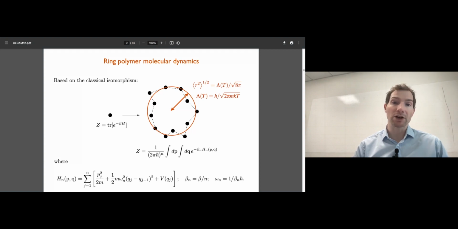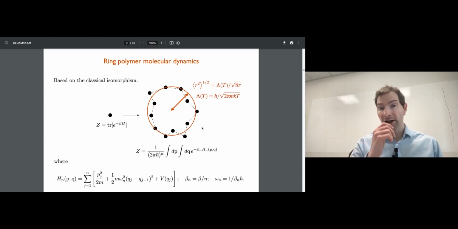Now, what they show as well from their work is that you can also get plenty of things related to dynamical properties, but some of the quantum dynamical properties can be lost, and that's it. But the bottom line with this technique is really that you can match a quantum model onto a classical one that is an effective model, and that can be represented essentially as a polymer model.